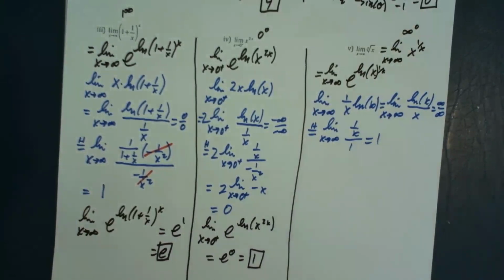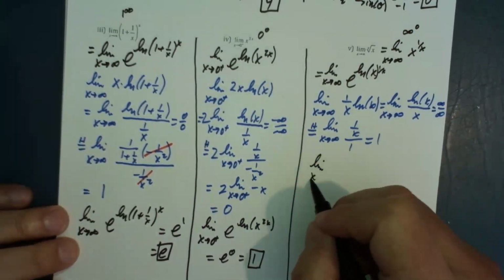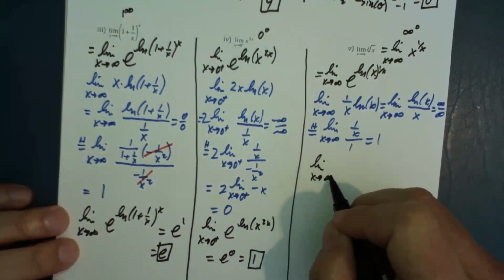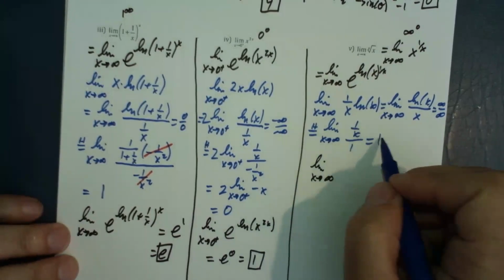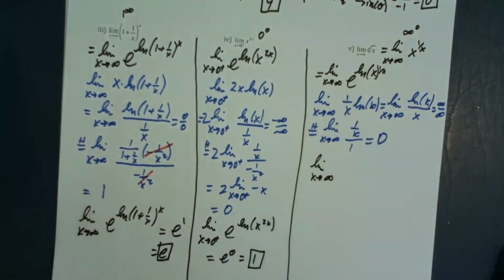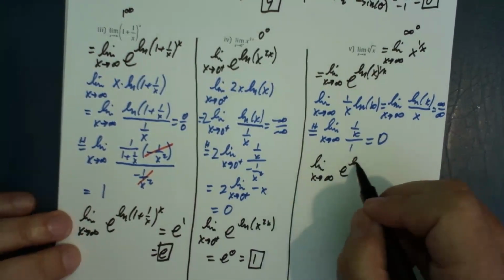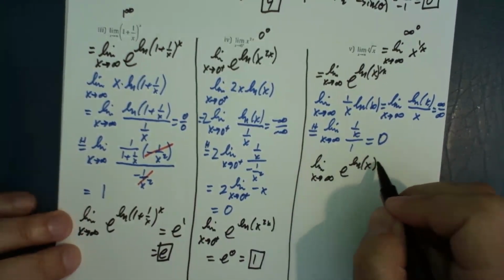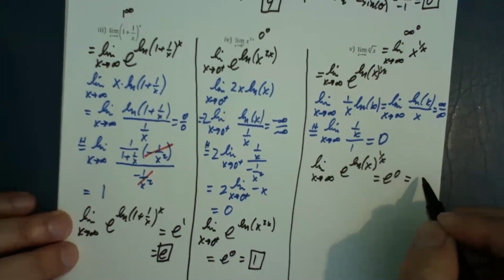I now need to go back to my original. This is 0, not 1, pardon me. That goes to 0, so the whole thing becomes 0. And so this means that e to the ln of x to the 1 over x power becomes e to the 0, which once again is just 1.